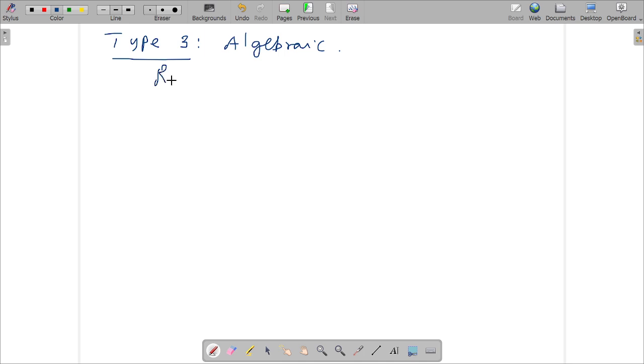If the right hand side f of x is algebraic, in the format of x power n, then the particular integral is, everyone has to write this step. I will write step by step. Type 3 is algebraic, in the format of x power n. Then what is the particular integral? The particular integral is right hand side by left hand side.